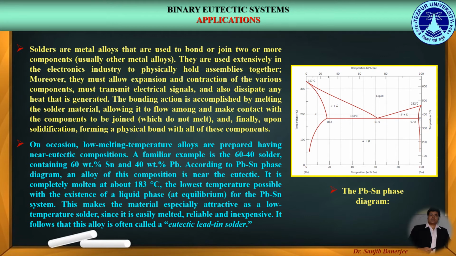Now this makes the material especially attractive as a low temperature solder, since it is easily melted, reliable and also inexpensive. This is why the alloy is often called the eutectic lead-tin solder.